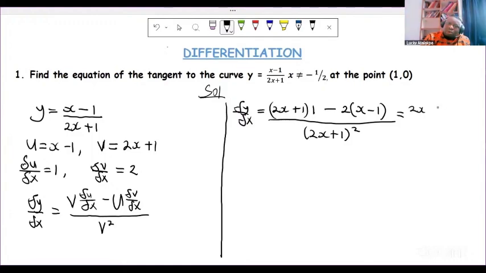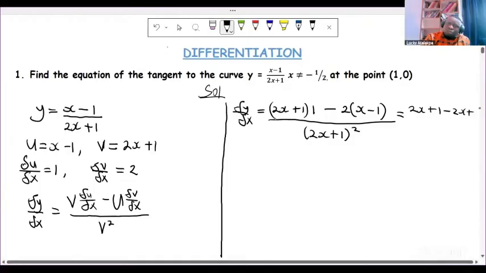2x plus 1, because 1 times that will give us everything in the bracket. So negative 2x plus 2. So negative 2x, then plus 1, plus 2. Minus times minus is plus, then 2 times 1 is 2, over everything at the denominator, which is still the same.